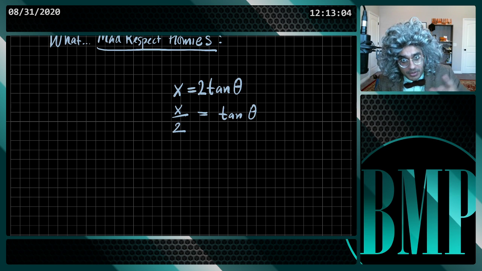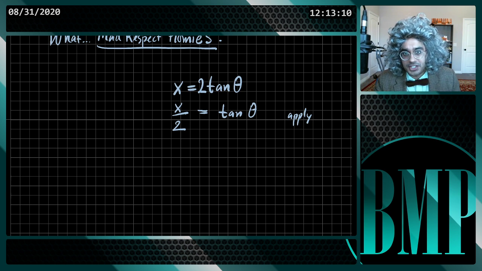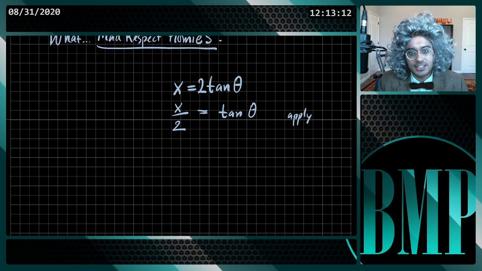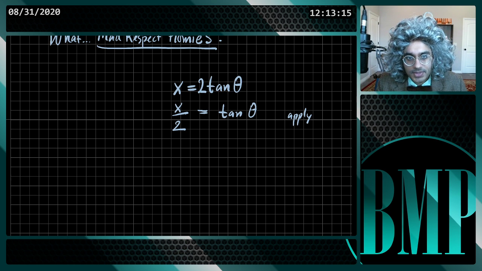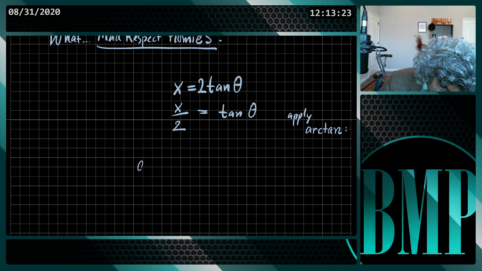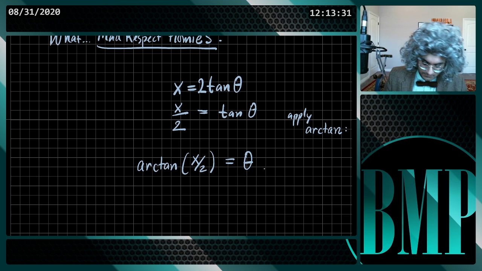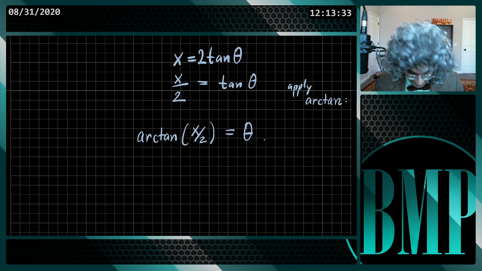And then apply arctan to both sides, the inverse function of tangent, just like ln cancels e to the x. Similarly, arctan cancels tan. And you get arctan of x over 2 equals theta. And then stick it in.